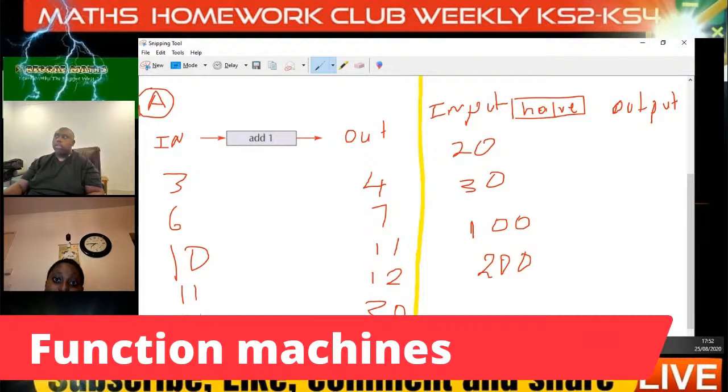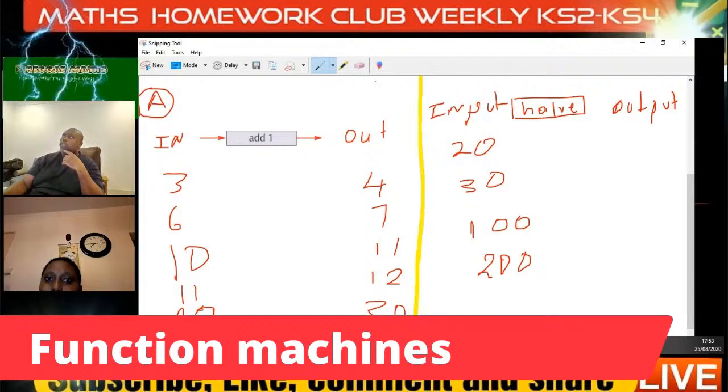Not 20. Take 1 away from 30. Take 1 away from 30, Denzel. Not 20, but it's 29. Okay.